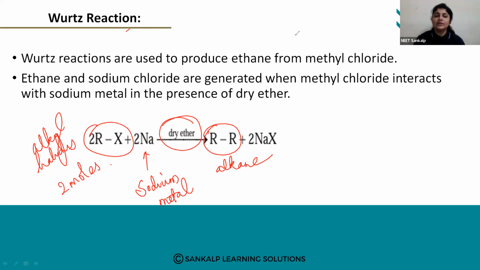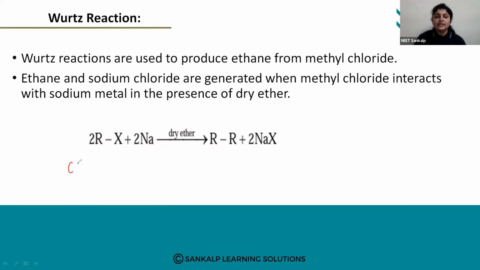I'll give you an example now. I will take 2 moles of CH3Br. So I'll just write it like this: CH3Br plus 2Na plus BrCH3.